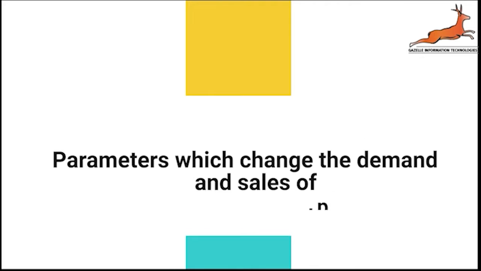So if it changes to a certain level, then what would be the effect on your demand? And as and when that happens in a real time scenario, you are able to capture that data, and your demand planning tool is able to crunch that using those algorithms to get the output. So this is how I see demand planning going forward.